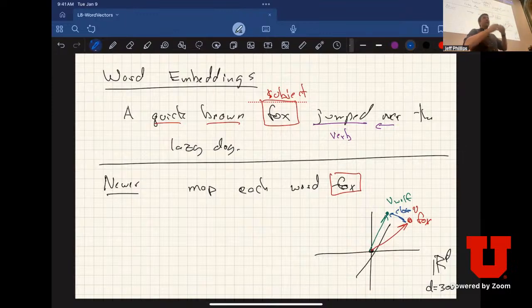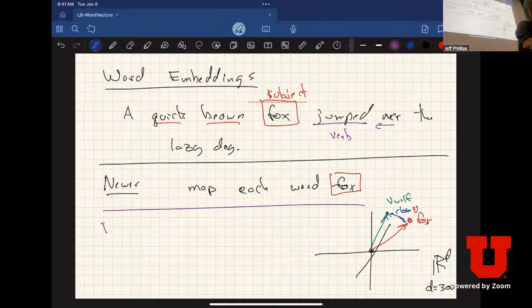First of all, they're both nouns, they're both animals. And so they should be embedded near each other, again, in a very high-dimensional space. Okay, and the big premise behind this, of how this should work, is what words should be close to each other? How do I determine that?